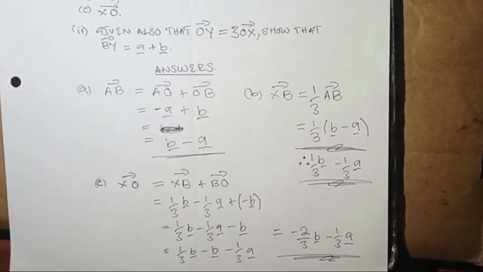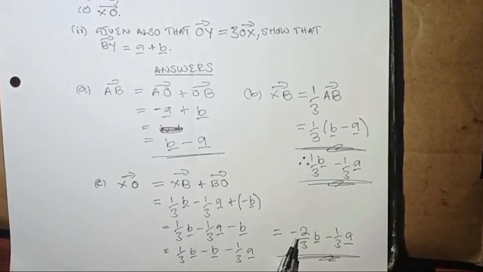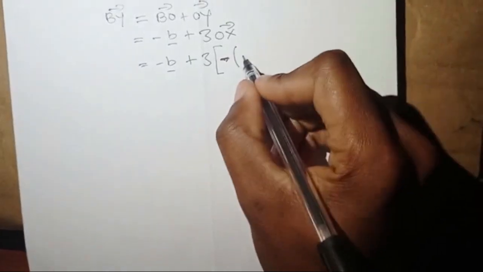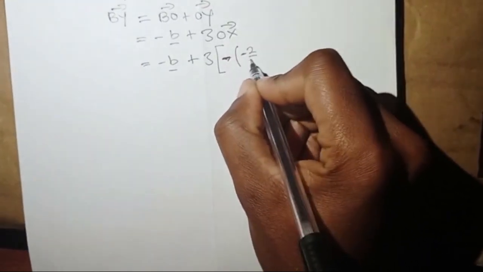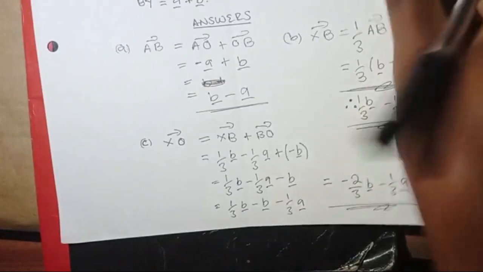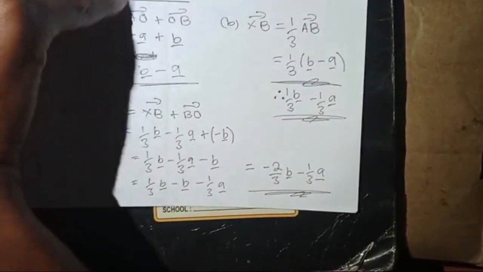So what is OX? Here XO is negative 2 over 3 b, minus 1 over 3 a, like so.